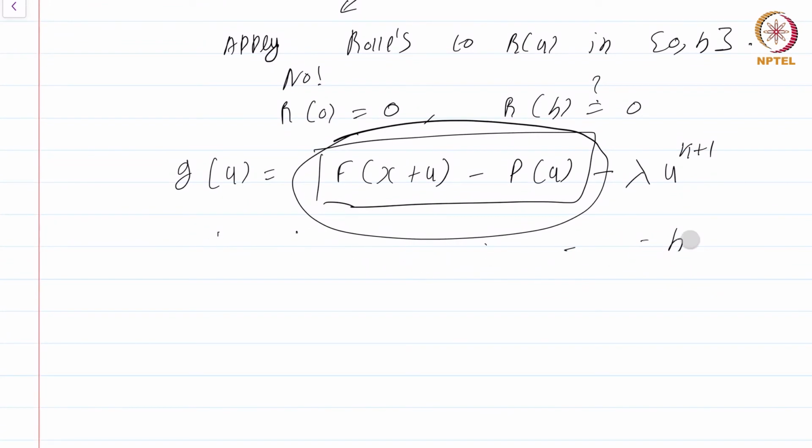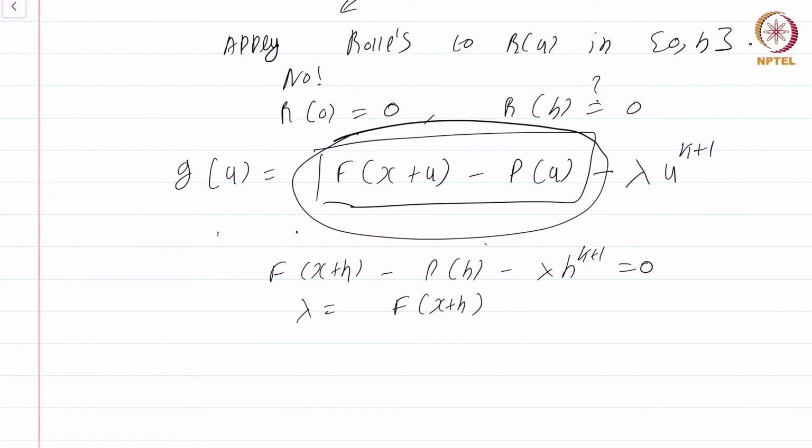You just want to determine what lambda is. Well, we want f of x plus h minus p of h minus lambda h to the power k plus 1 to be 0, right? So that just gives lambda is going to be f of x plus h minus p of h divided by h to the power k plus 1.